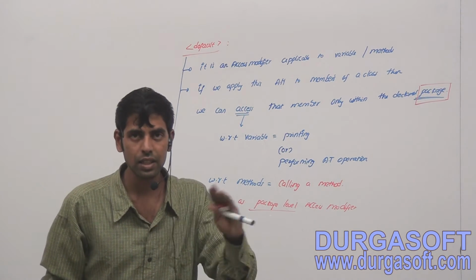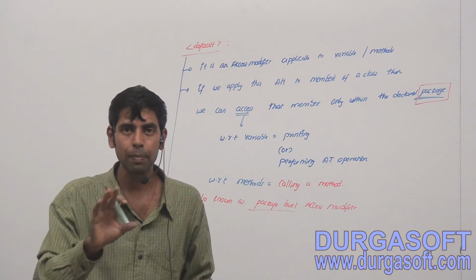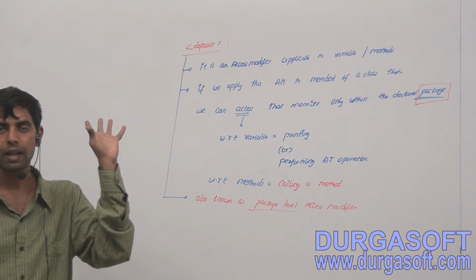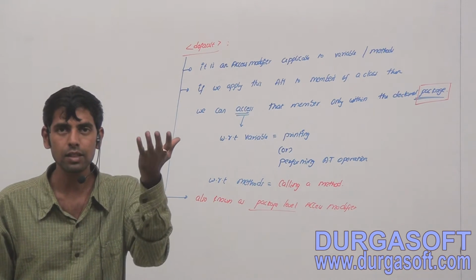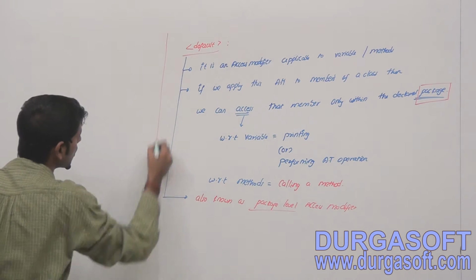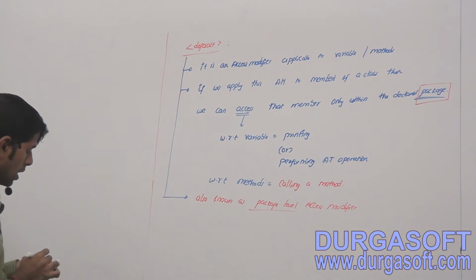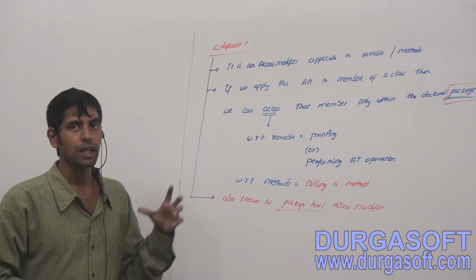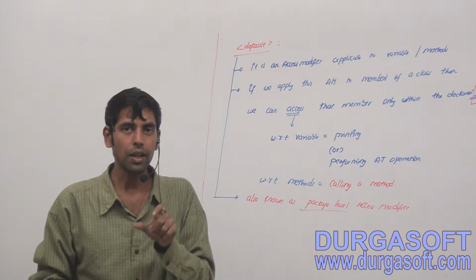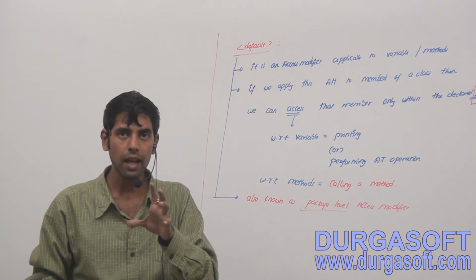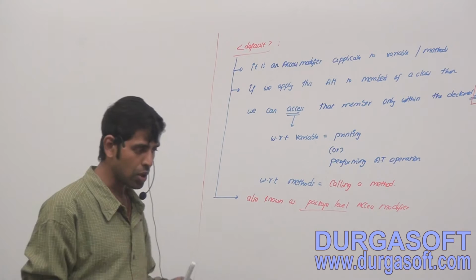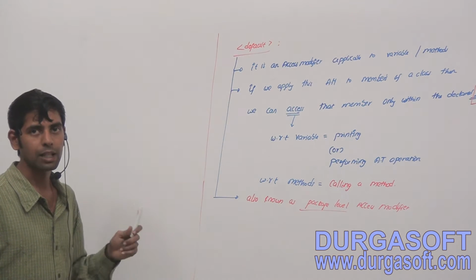Without package directory structure, we cannot expect the exact behavior of any access modifier except the private access modifier. Now try to observe here. We are going to discuss a scenario by taking one small code. Of course, we have seen this default access modifier behavior as part of public. We are going to discuss that once again as part of this session.